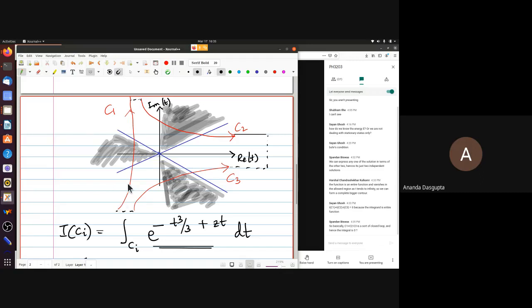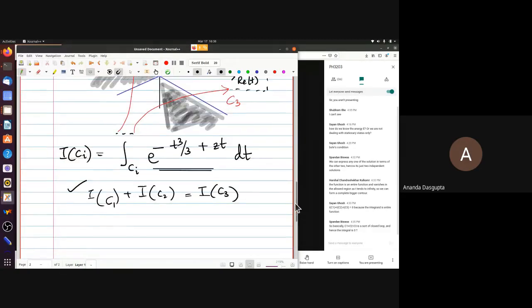So basically, the C1, C2, and minus C3 forms, along with these additional segments which you can throw in for free because they don't contribute anything, you now have a closed loop, and integrating an analytic function in a closed contour gives you 0. That's Cauchy's theorem. From that everything else follows, right?